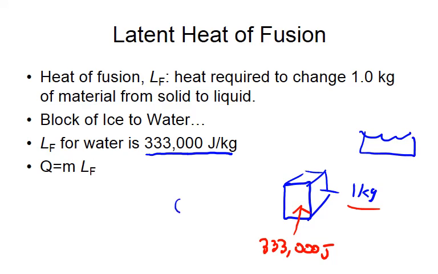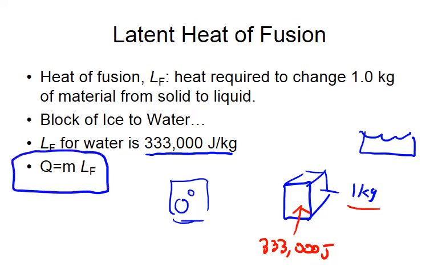Now what we're assuming here is it's already at 0 degrees. It's already ready to go. We'll look at what happens if it's not ready to go yet. And so this is how we calculate how much heat's required.